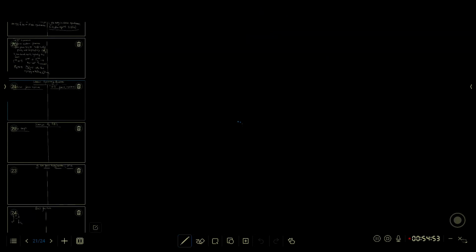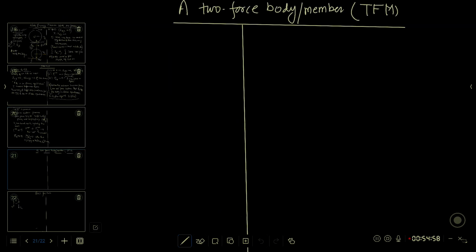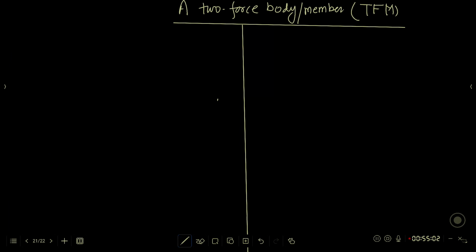Now, while dealing with bodies in static equilibrium, we often come across an RB which is under the action of two forces acting at two different points on the RB.